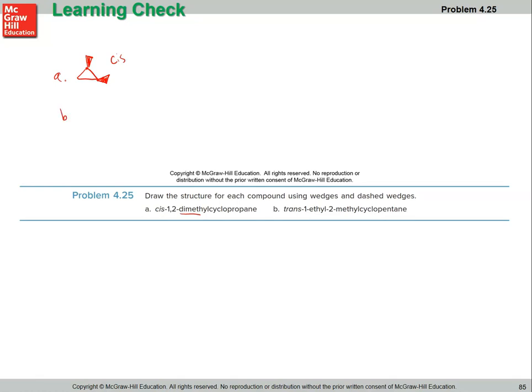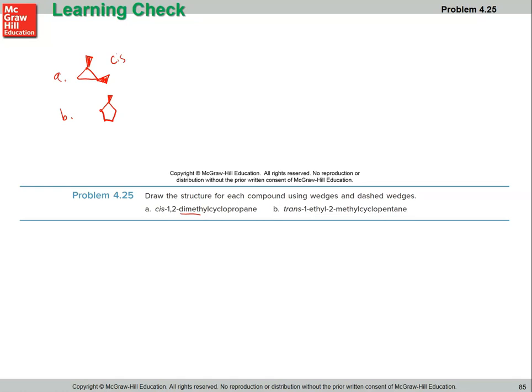For B, we start with a cyclopentane, so methyl, ethyl, propyl, butyl, pentyl. So this kind of looks like a house, it's a pentane. We have a 1, 2, we have a 1 ethyl, and also there has to be trans. So in order to show that, we're going to have to draw out that kind of dash, or that wedge structure.